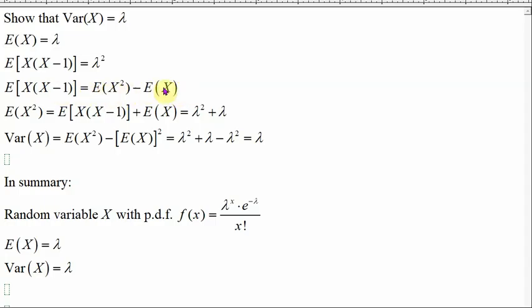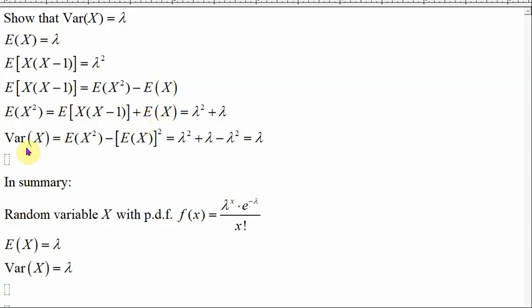And therefore from here we can see that the expected value of x squared is equal to the expected value of x times x minus 1 plus the expected value of x. This is lambda squared, and this is lambda.